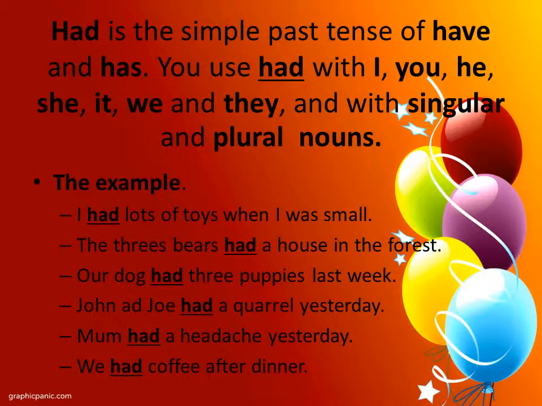The three bears had a house in the forest. Our dog had 3 puppies last week. John and Joe had a quarrel yesterday. Mom had a headache yesterday. We had coffee after dinner.